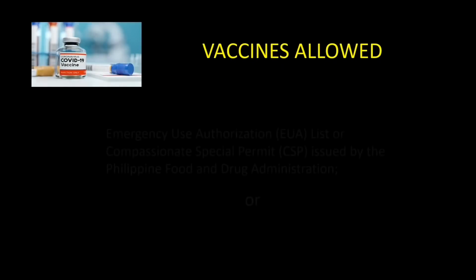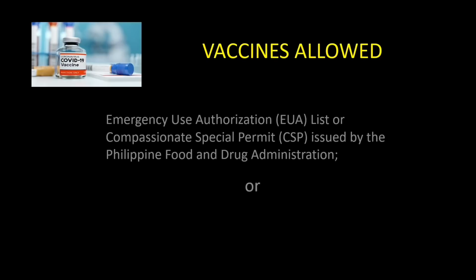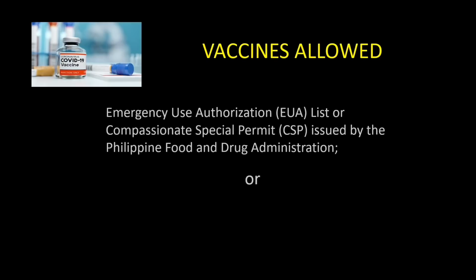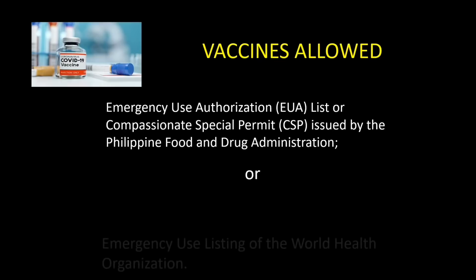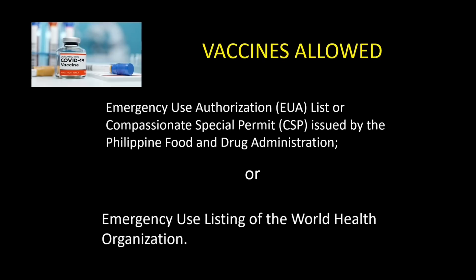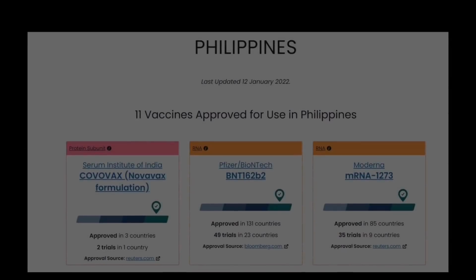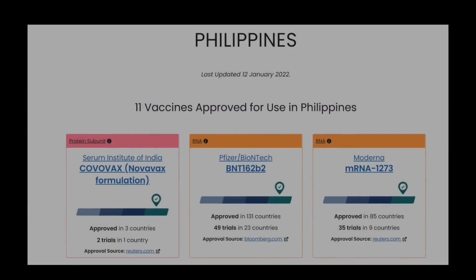Now here are the vaccines allowed. Emergency Use Authorization List or Compassionate Special Permit issued by the Philippine FDA, or Emergency Use Listing of the World Health Organization. Here are the approved vaccines for use in Philippines.